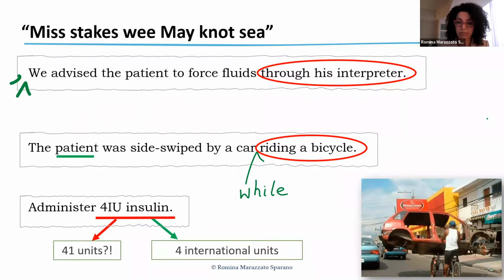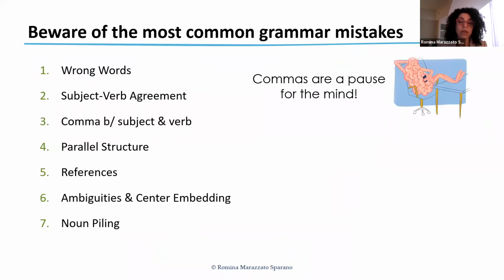And it's even better. In this case, we need to separate dosage from acronyms and expand the acronyms. This is a real case that happened in Canada, and the patient was okay in the end, but these can lead to very dangerous situations.